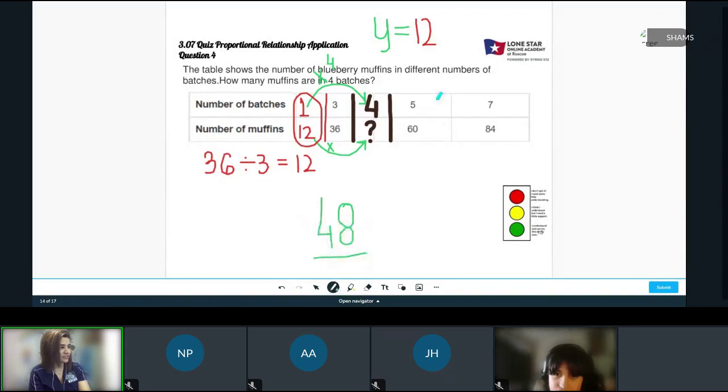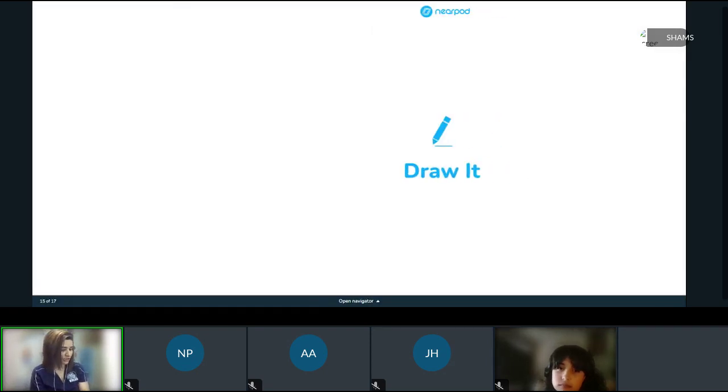The question doesn't ask you this, but we are just trying to learn a little bit extra. You're trying to review a little bit extra, right? This is how the equation looks. Question 5. Are we all ready for question 5?